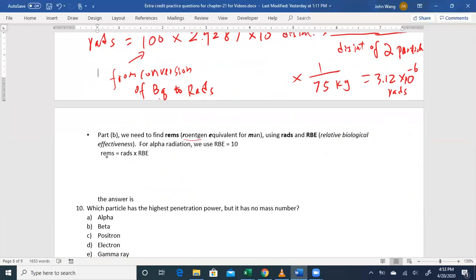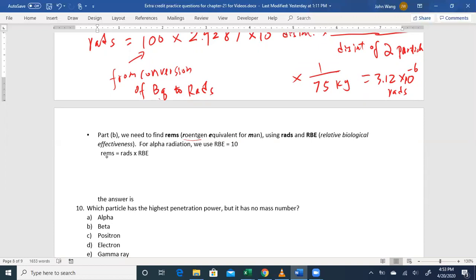Even though you receive that much energy, the energy might come from alpha decay or beta decay, and those different decay modes have different damaging power on the biological system. For alpha radiation, the RBE is the largest, so usually we assume it's 10.